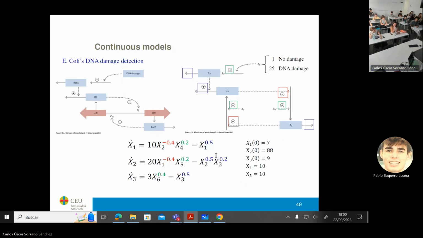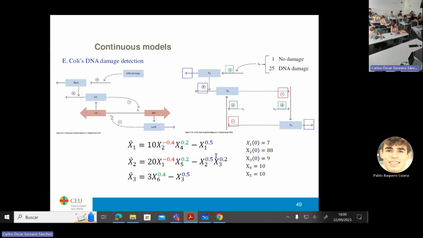Okay, going back to differential equations. I told you before that we will see how you can express that something is inhibited or promoted.